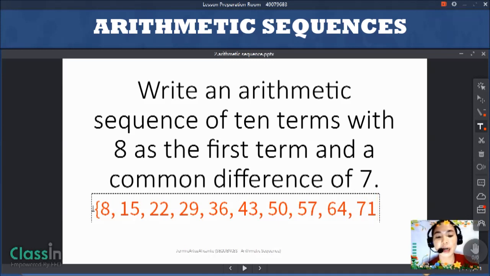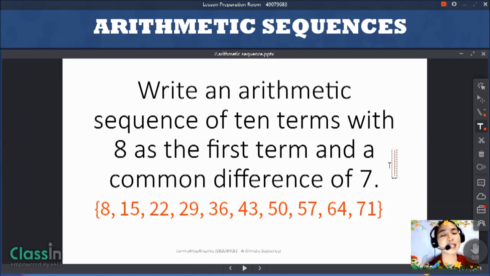So those are the 10 terms of a sequence whose first term is 8 and whose common difference is 7. That will be 10 points in all.